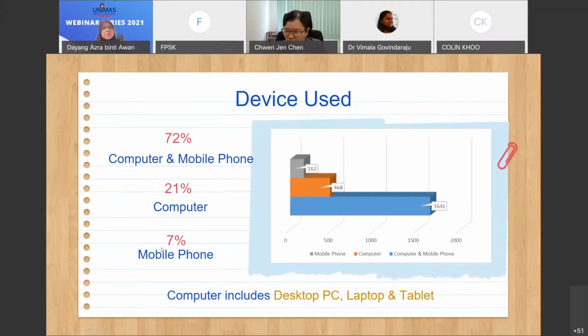So imagine that you are asking them to do a lot of activities and a lot of assignments, and they do not have a computer. So we really need to trace out who they are in our class, and they will need very special attention from us. 7% is actually a huge percentage.